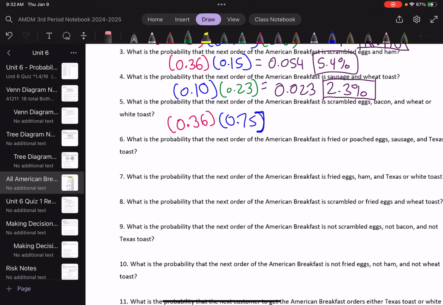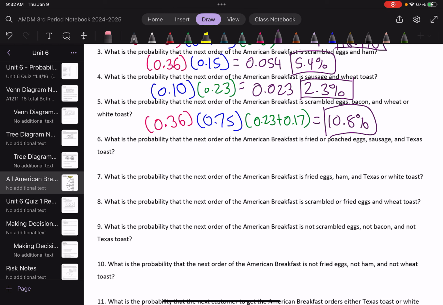For breads, wheat toast is 0.23 or 23% of the time, and white toast is 0.17, or 17%. Now I just multiply these together, and I can put it in the calculator just as I have it written out here. You should get something along the lines of 10.8%.